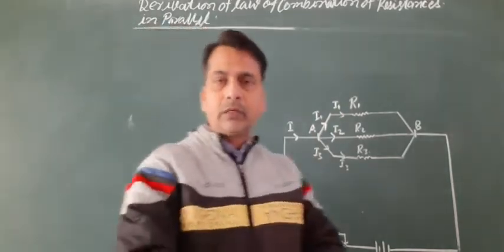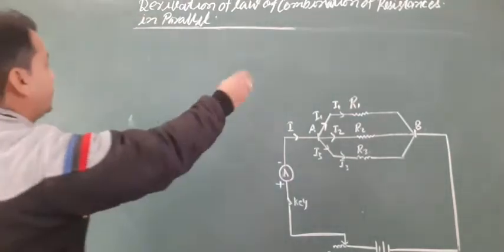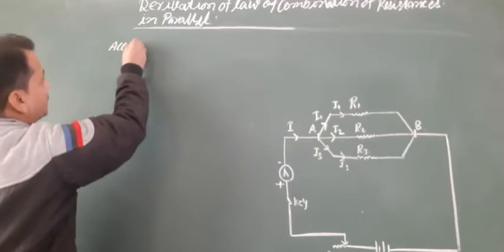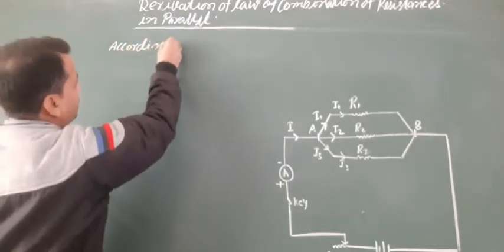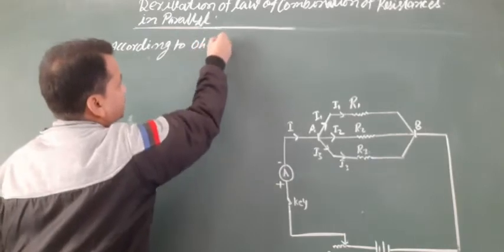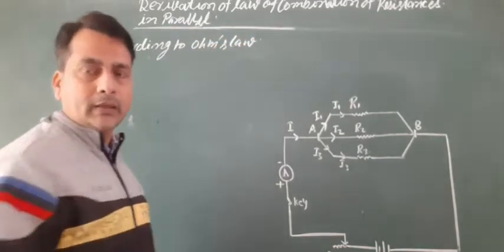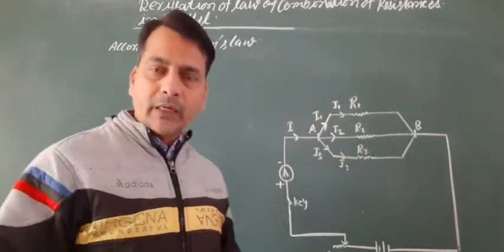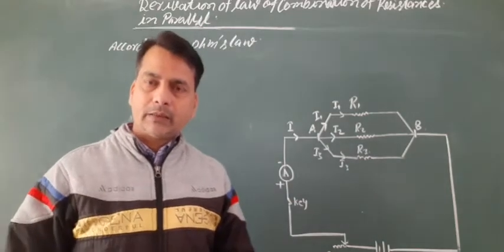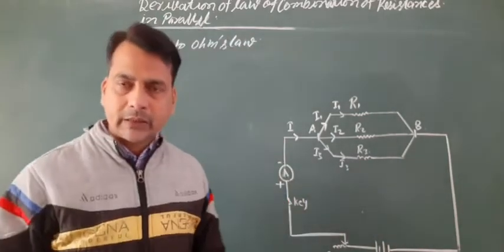According to Ohm's law, as you know, the potential difference is the product of the electric current and resistance.